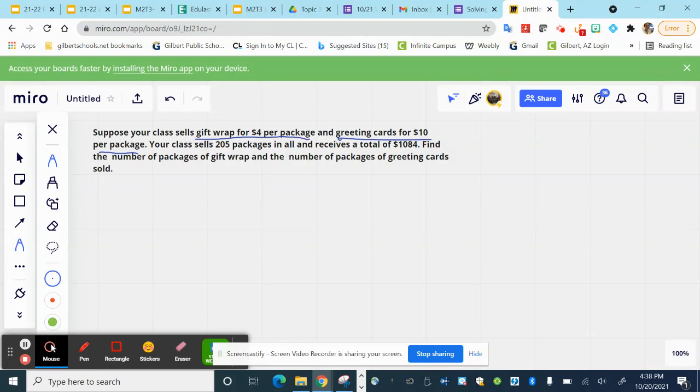So we're keeping track of the cost or the income that we're making. If we want to write that equation, what we need to know is the total that we made, which is given to us right here. So if you're going to make $4 for each package, that's going to be 4x plus 10y equals 1084.